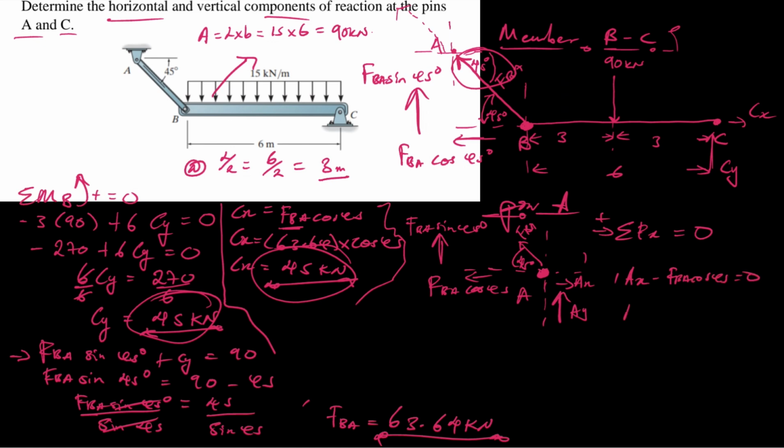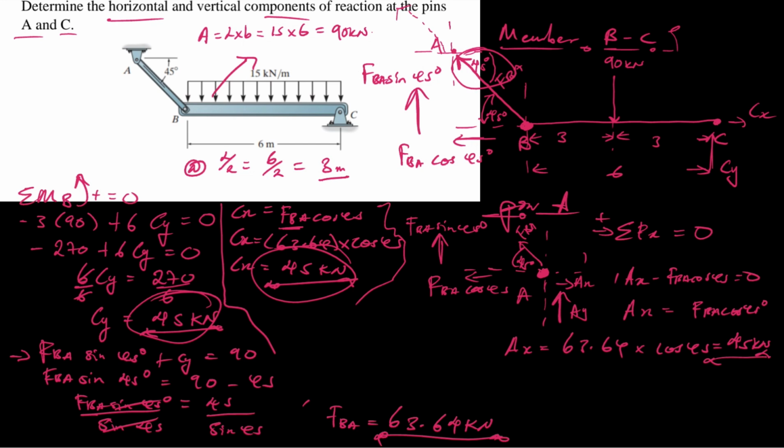So we have AX being equal to FBA cos 45 degrees. So this means that AX is equal to FBA, which has been found to be 63.64, times cos 45. This gives us a value of 45 kilonewtons.